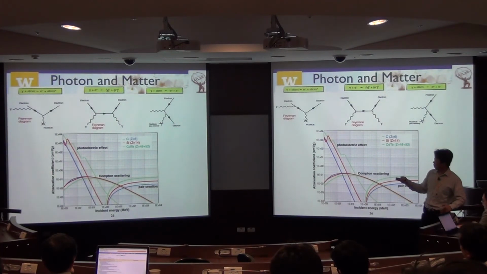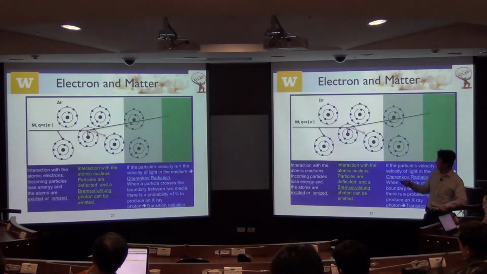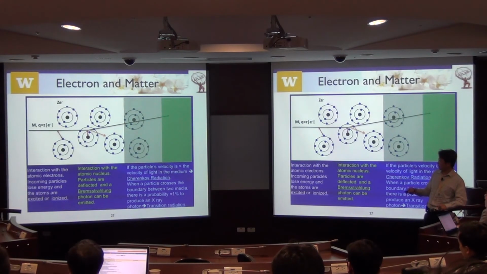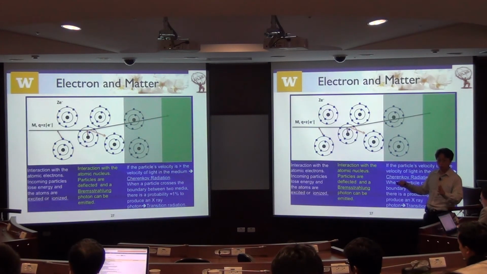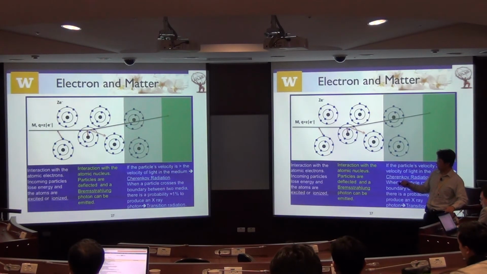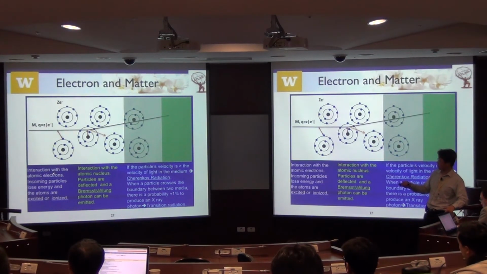Once we have defined the interaction between the photon and the electrons, the ionizing process, the Compton scattering process and the pair production process, we will see how the electron interacts with matter. When the electron has low energy and interacts with matter that has this kind of atomic structure, it interacts mostly through ionization as well.